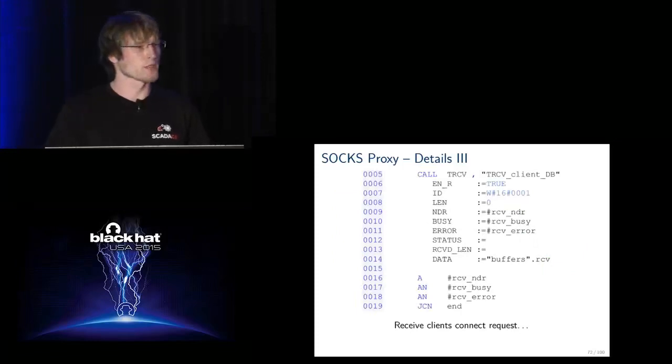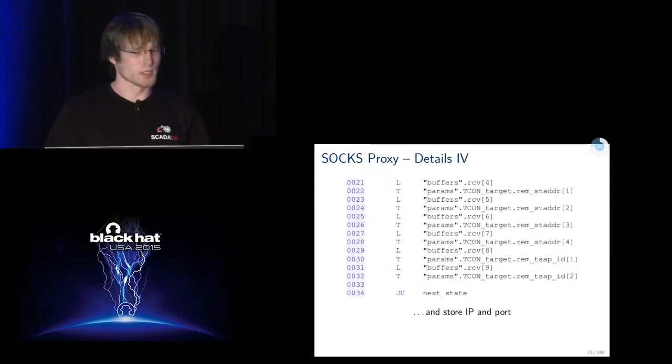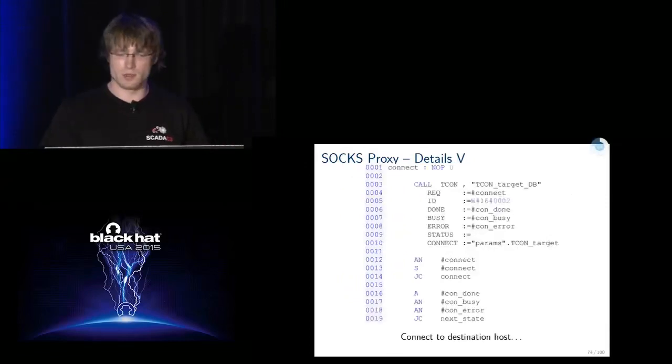The connect request contains the IP and the port of the destination host he wants to connect to. Once we receive that packet, we simply take that IP and prepare the data structure for the tcon function and copy the IP and the port into it. And then we go to the next state where we start connecting to the destination host.